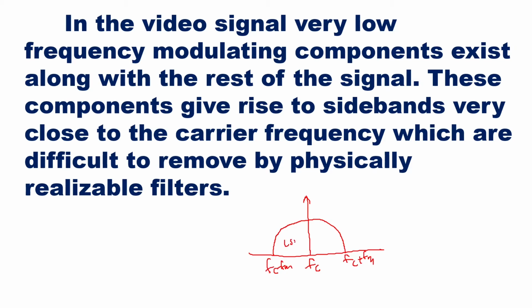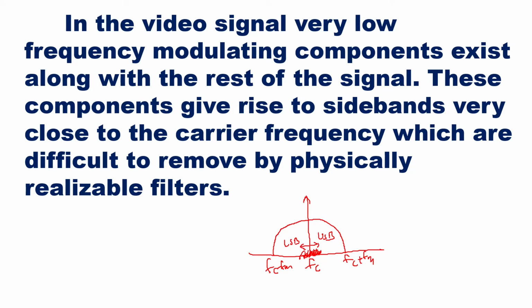This is the lower sideband, this is the upper sideband. The frequencies in this area, these lower frequencies, are very important and they exist along with the rest of the signal.